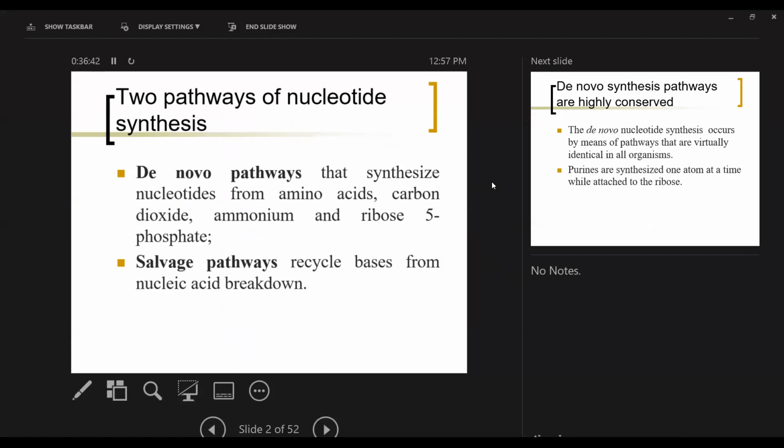Salvage pathway is clearly quite important. The de novo pathway is clearly used pretty heavily. And this pathway, I have to tell you, is the worst pathway you'll deal with in this class. Easily.